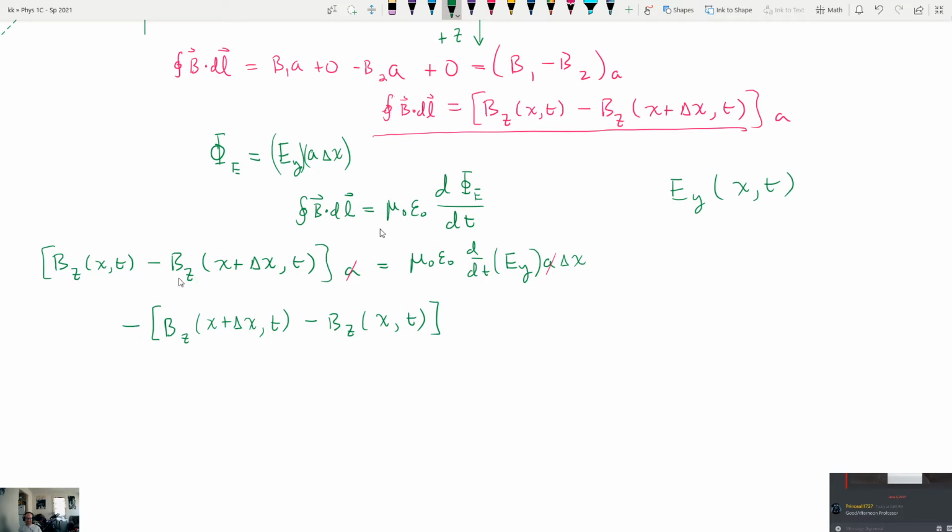So this is the same as this, right? Negative on this one, negative, negative. This one's positive. And we're going to divide this one by delta x. And then this is all equal to mu naught epsilon naught d/dt of the y component of the electric field evaluated at x and t.